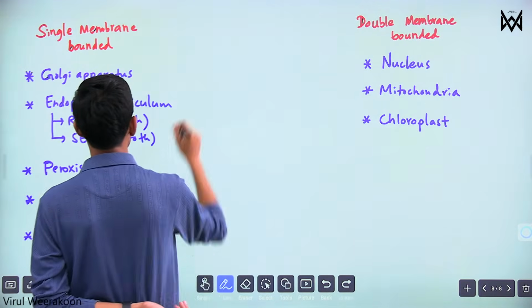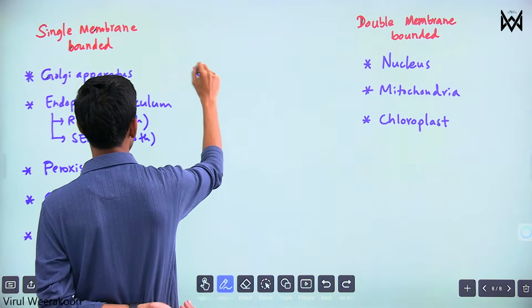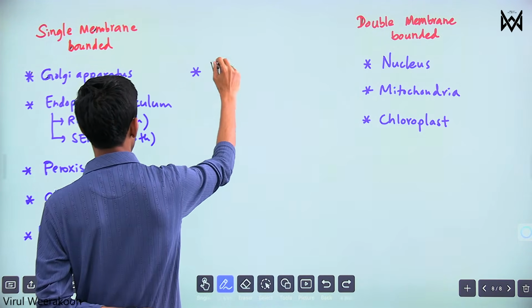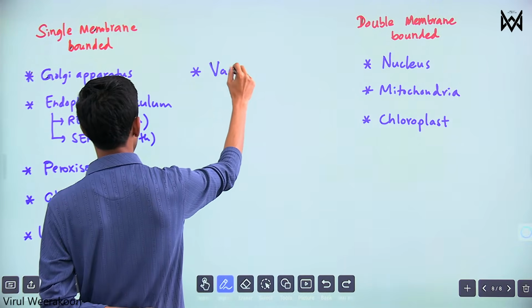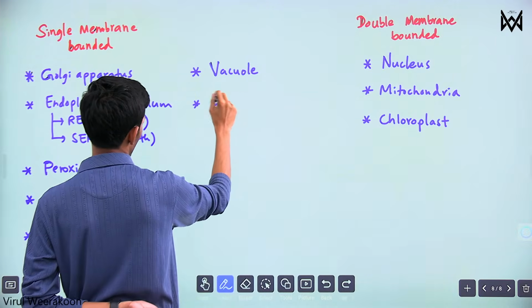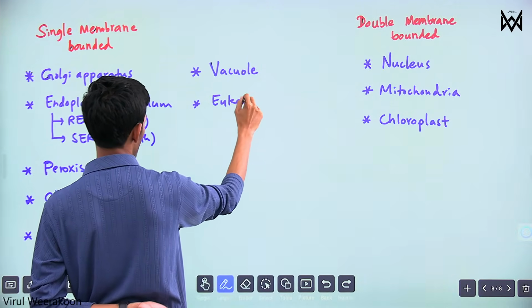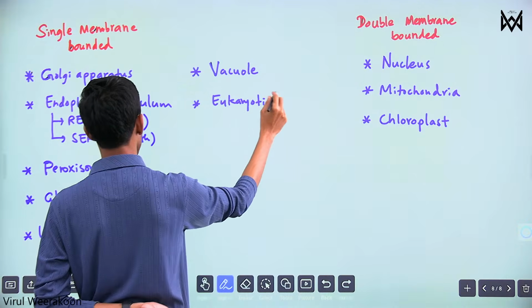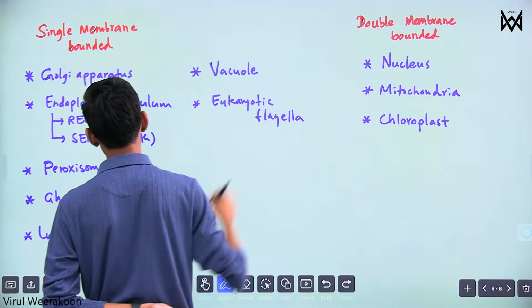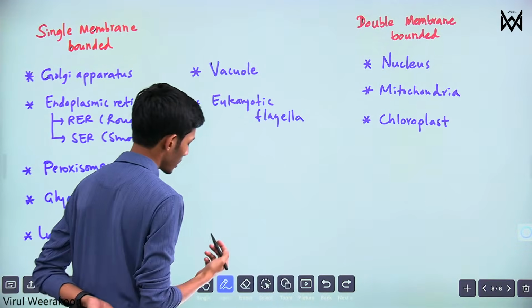Then what else do we have? We have the vacuole, a single membrane bounded organelle. Then we have eukaryotic flagella. You have to mention it specifically as eukaryotic, because prokaryotes also have flagella, but there are no membranes there.